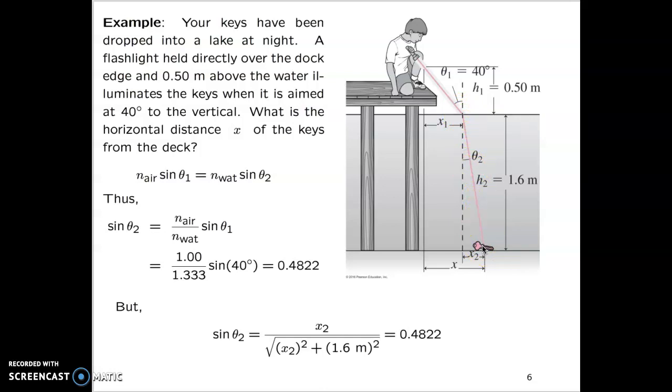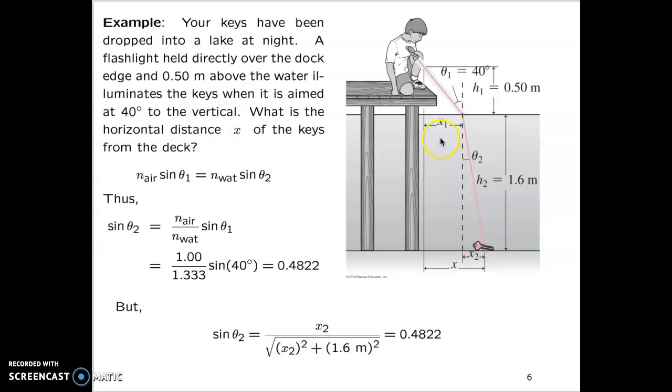So what we're going to do is use Snell's law to determine this distance x1 and this distance x2. You see how they're defined here. x1 is the horizontal distance from the flashlight to the point where the light hits the water, and x2 is the horizontal distance from that point, dropping down to the bottom of the water, to where the keys are.